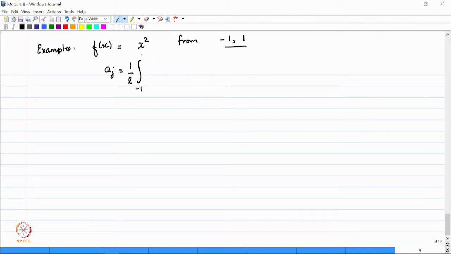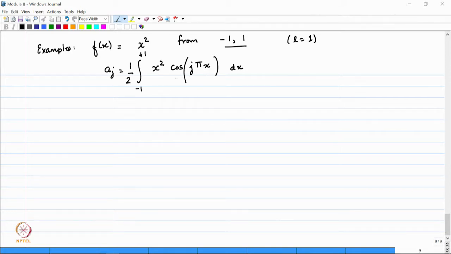So, then this becomes 1 over 2, and now I get x square cosine j pi x, L is 1, dx.